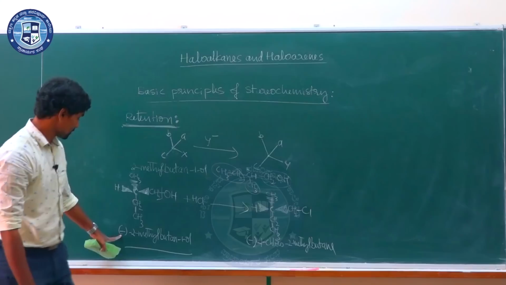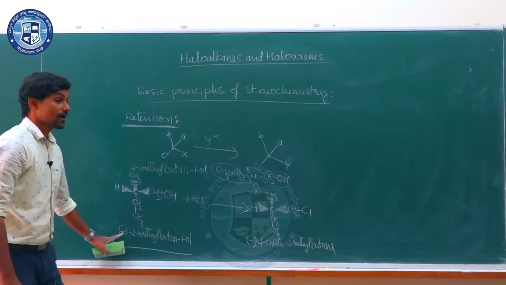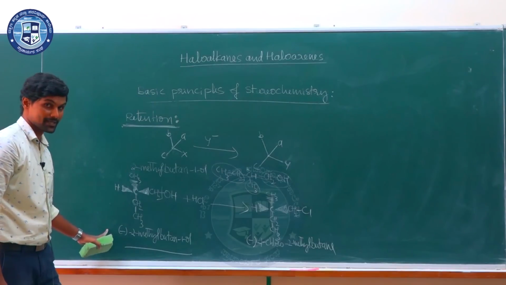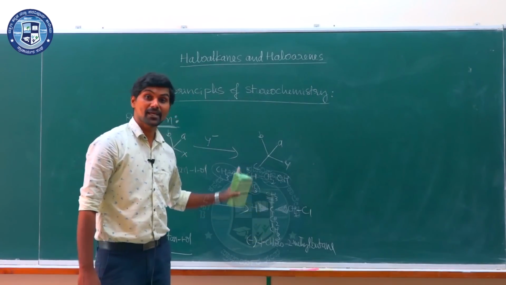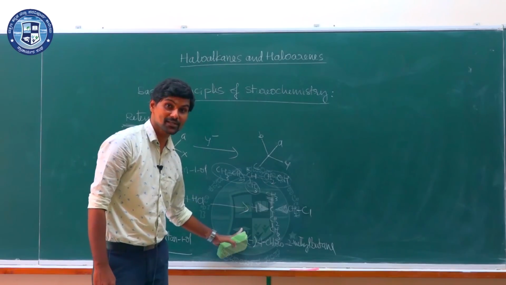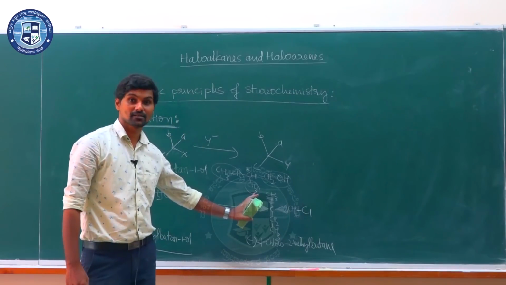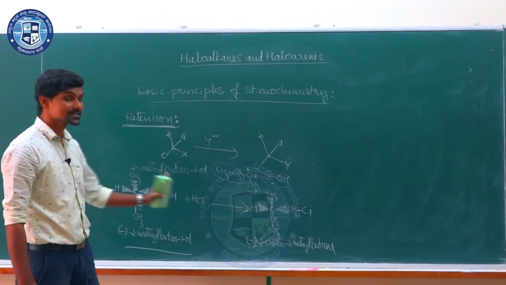You have seen that this (-)-2-methyl butan-1-ol rotates the plane polarized light to the left, anticlockwise, and the product also rotates the plane polarized light towards the left, because the configuration of the asymmetric carbon atom is retained as it is.